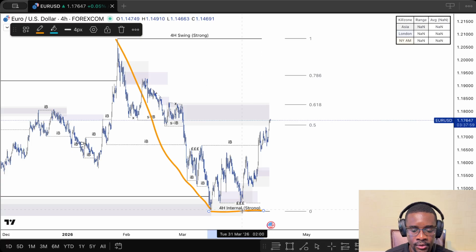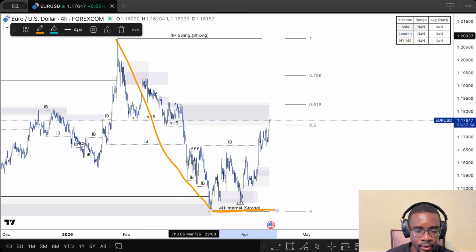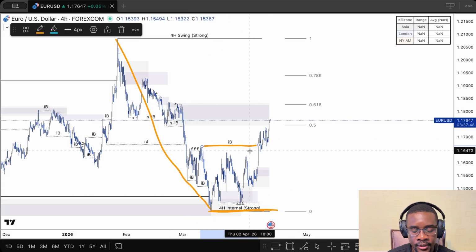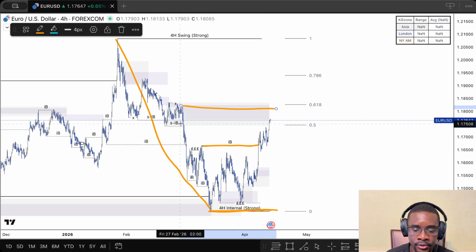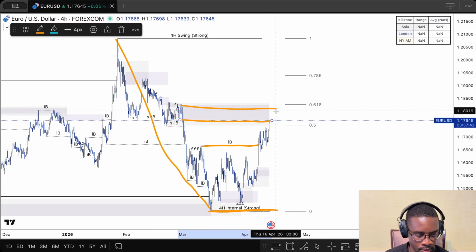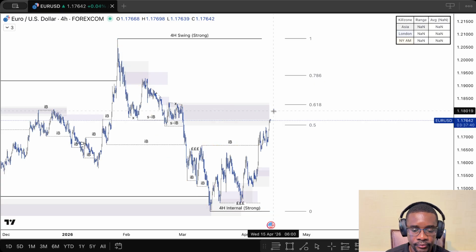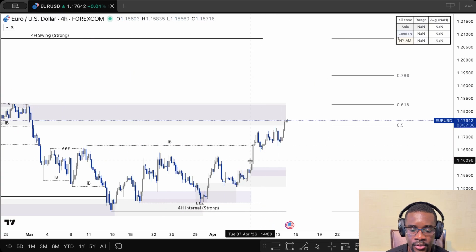This is our swing low, and then this is also our strong internal low. Okay, and then this is our antenna. Our antenna is shifted bullish. We're expecting price to come in to mitigate this area of supply on the 4-hour. Okay, price has done that.